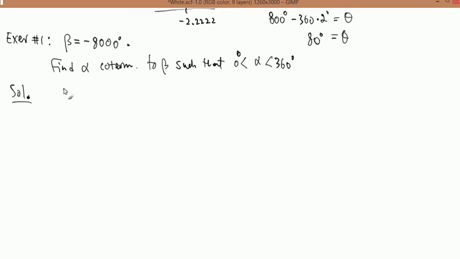Coterminal angle formula, right? Let's write that down here. Beta equals what? Alpha plus 360 times n degree, right? So think about how do we compute that n quickly, not slowly like I did before. How do you compute that n quickly? And you divided it and looked at this number line thing, right?